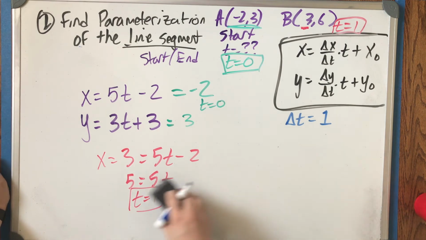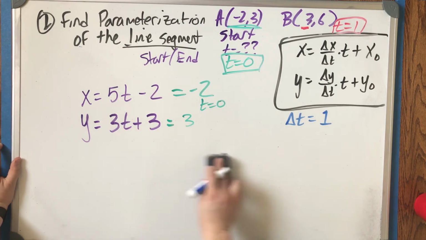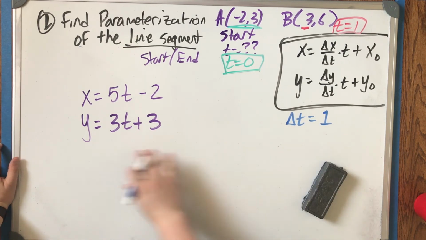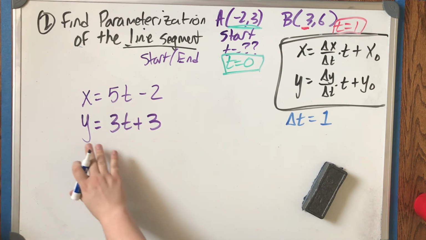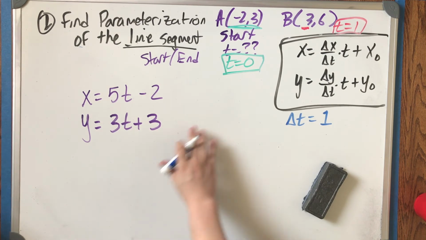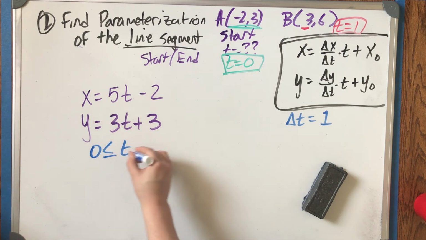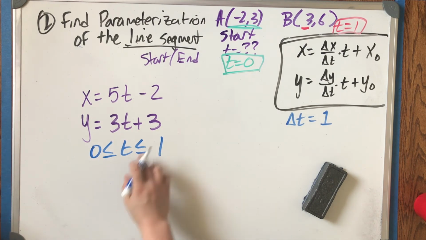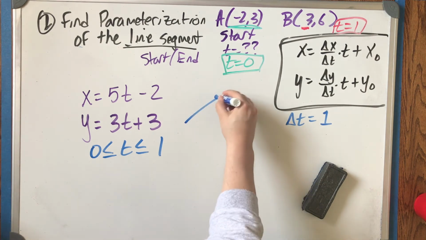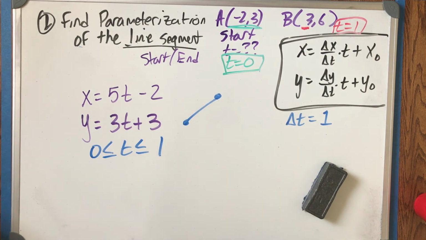So in order to be done with this question, all we do is we have our same exact equations, but this time instead of going from -infinity to infinity, we're going to go from 0 to 1. And it's less than or equal to because we want to start and end at those values.